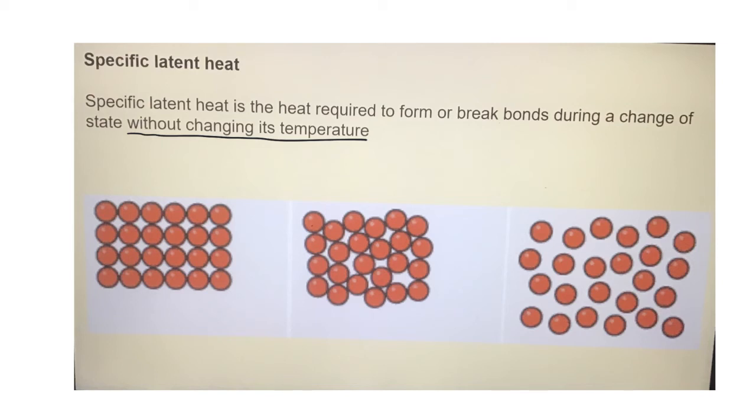So I want you to think specific latent heat is all about the heat required to break bonds. So, for example, if I'm going from water to steam, I'm breaking these bonds which I'm drawing a blue line between now. Okay, so this is what latent heat is doing. The heat isn't increasing the temperature, it is breaking all of those bonds. Okay?